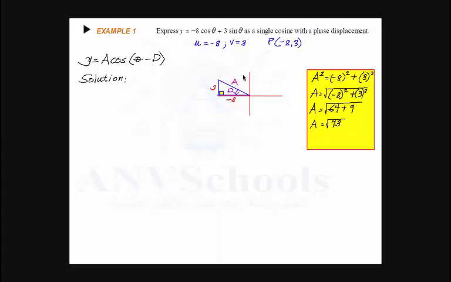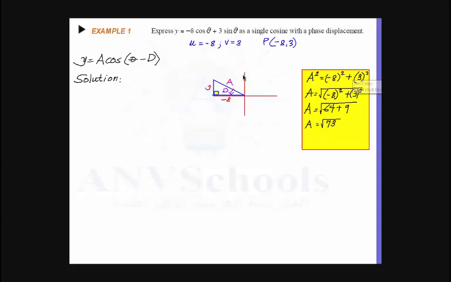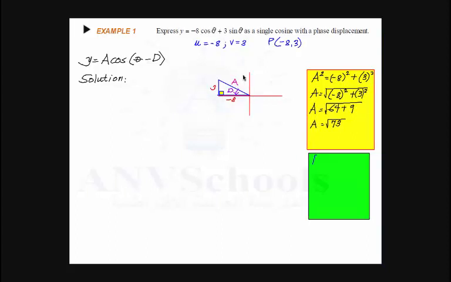Okay, how about the angle? So how do we find the angle? To find the angle theta, or D in this case, D is equal to the arctan of 3 over negative 8. Okay, and what is D?